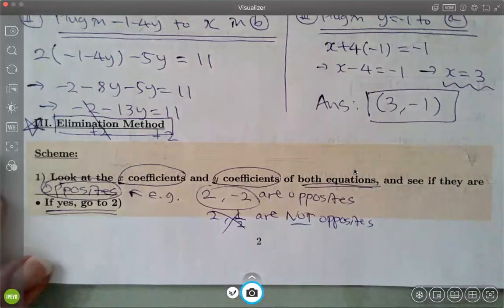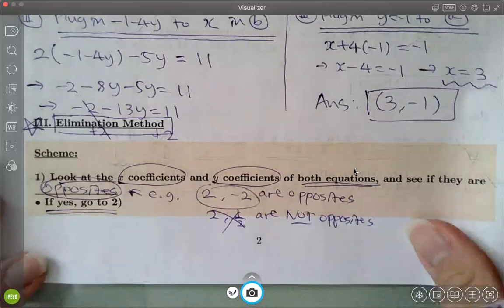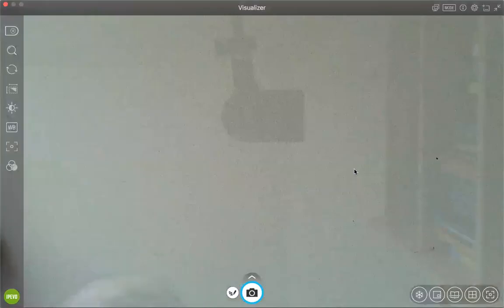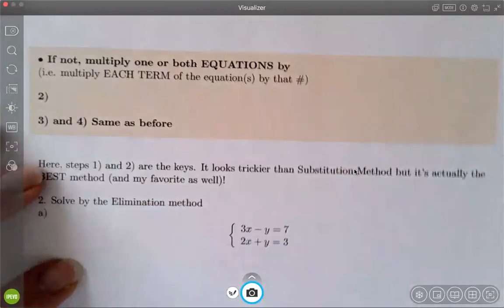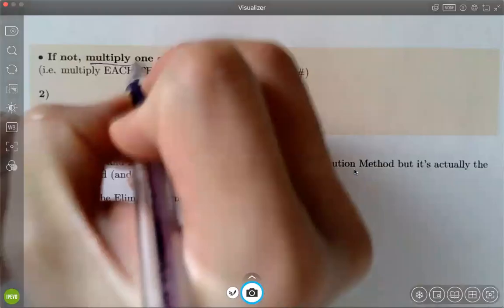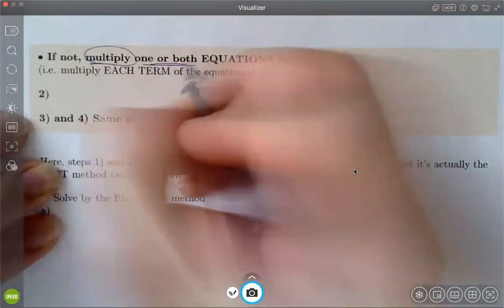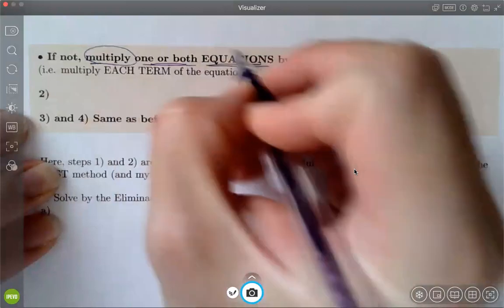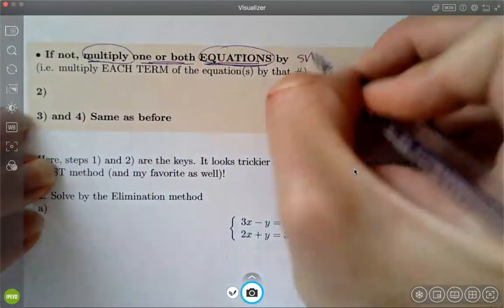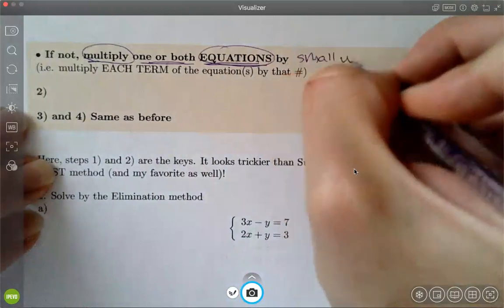Now, what if that's not the case? If that's not the case, make them opposites. How do you make them opposites? Multiply one or both equations by small whole numbers.